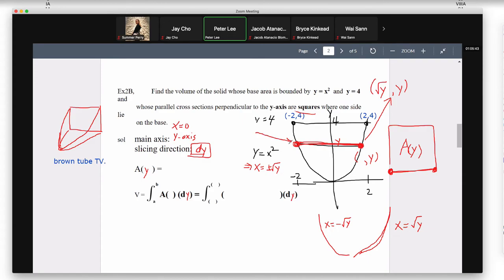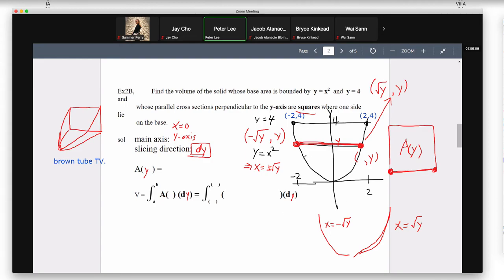Let me just write it out. The y point is y, obviously. This is cross-section y, and the x point is minus square root of y.